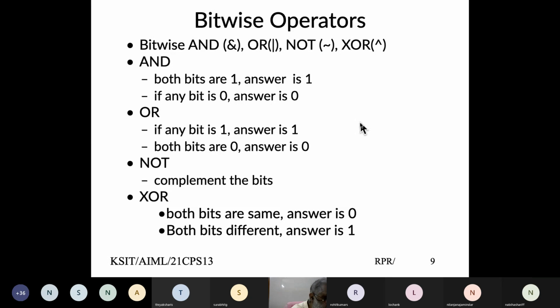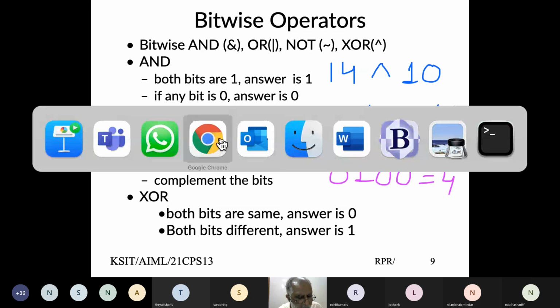This is 10. If I were to do a bitwise XOR, 0 and 0 gives me 0. 1 and 1 gives me 0 because of the same bit. 1 and 0 are different, so I get 1. 1 and 1 are the same, I get 0. So the answer would be 4. You can run the program and see that.